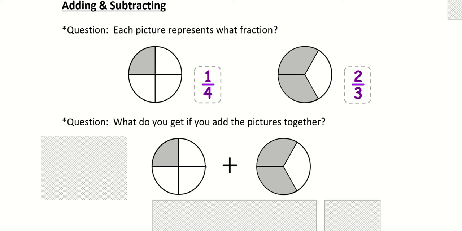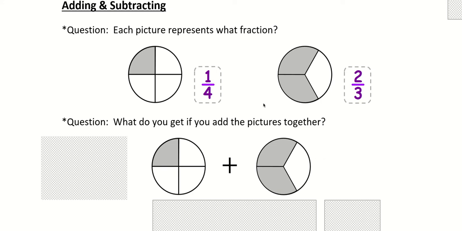If you add those together, what do you get? What happens if you add these two pictures together?